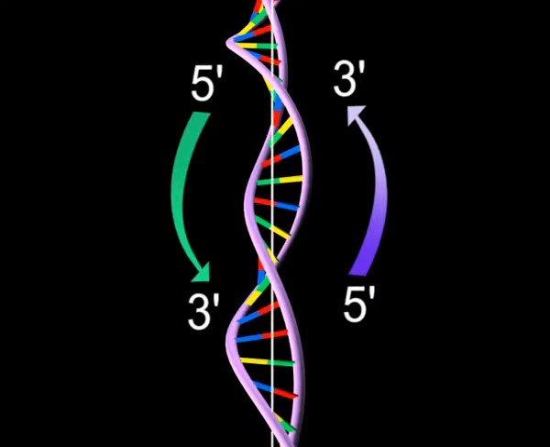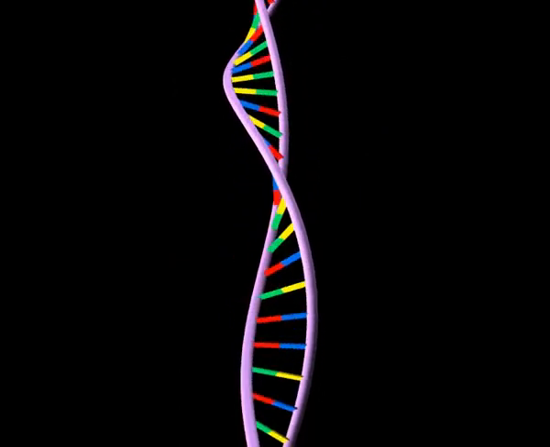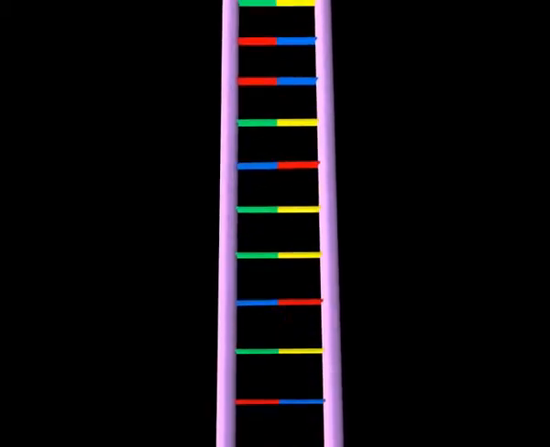The two chains are coiled around the same axis. The bases always project towards the inside of the helix.